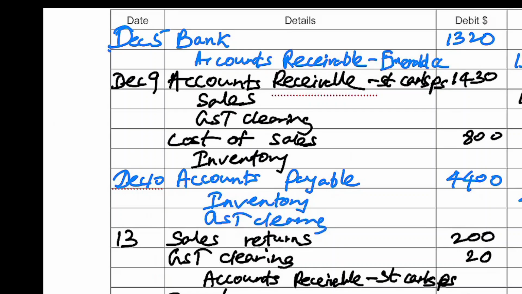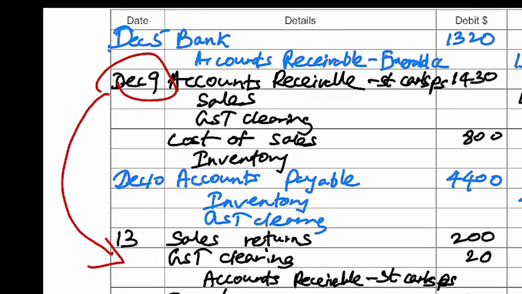Okay, I read the question properly. Accounts receivable, because it's a credit sale. Now what we recorded on the December 9th, we are reversing here. We debit the sales return instead of the sales, we debit the GST and we credit the accounts receivable. And inventory debit, cost of sales credit.